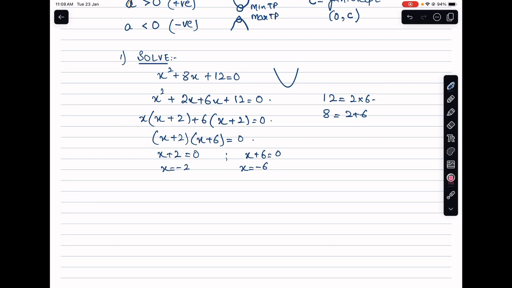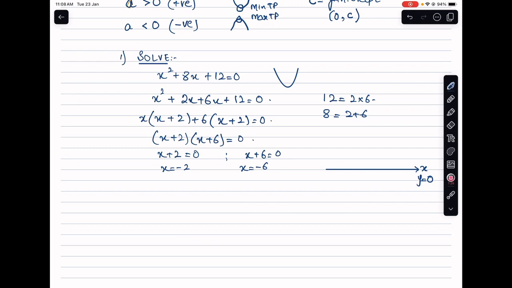When we say that we have equated an equation to 0, that means we are equating the quadratic expression and comparing it with the x-axis equation being y is equal to 0. If this is the x-axis, I know that my equation of the x-axis is y is equal to 0.